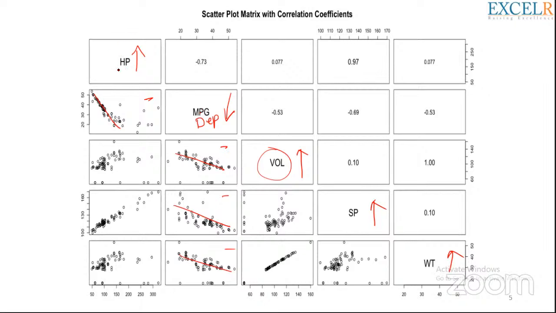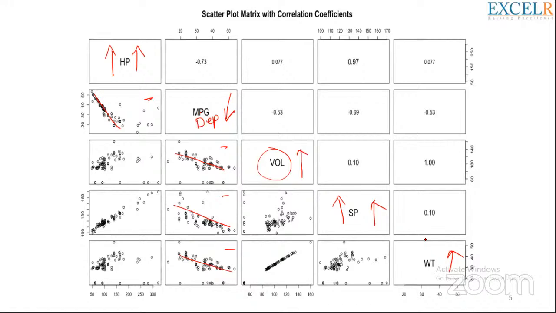Even the horsepower, if it is high, like in sports cars, or where the top speed is very high, 200 or 250 kilometers per hour, the mileage will be low. The weight of a car is more, the mileage would be low. That means the data shown here confirms our understanding about the vehicles.